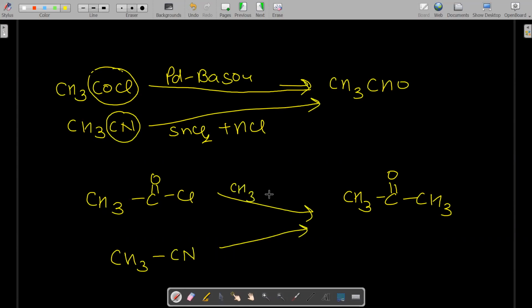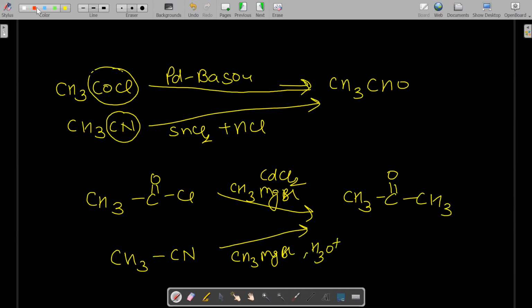Here we can add Grignard reagent, CH3MgBr, and here also we can add CH3MgBr. Only the difference will be here. We have to add cadmium chloride and then follow with hydrolysis. Here no hydrolysis is required in the first case, we can get it directly, and here the hydrolysis is required.